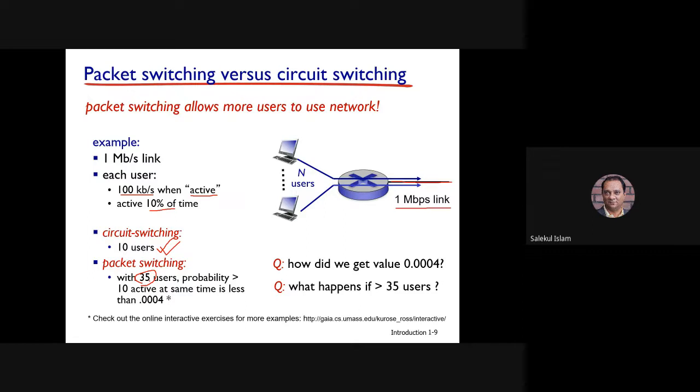But if you do the math, you can find that if you have 35 users, then the probability that 10 of them are active simultaneously, at the same time, is less than 0.0004. So this value is very, very small, almost equal to 0.